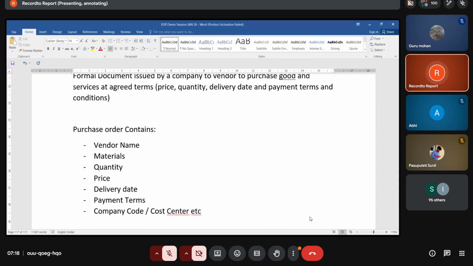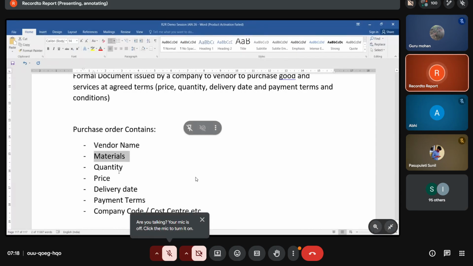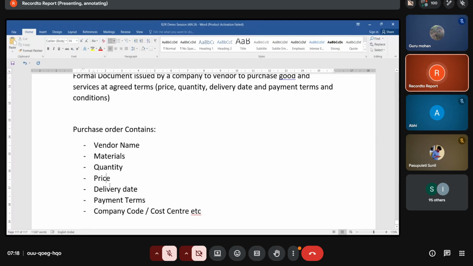Okay. So these are the various details which are in the purchase order. For example, you will raise the order, you will check who is supplying that and how many materials you require, how much quantity, what is the price, when is the expected delivery date, and payment terms. So all these details will be in the purchase order, guys.